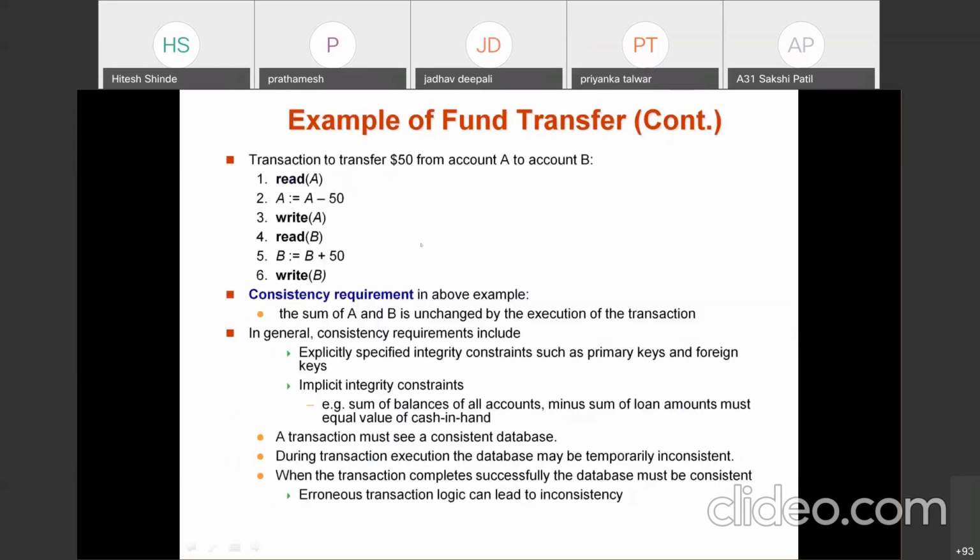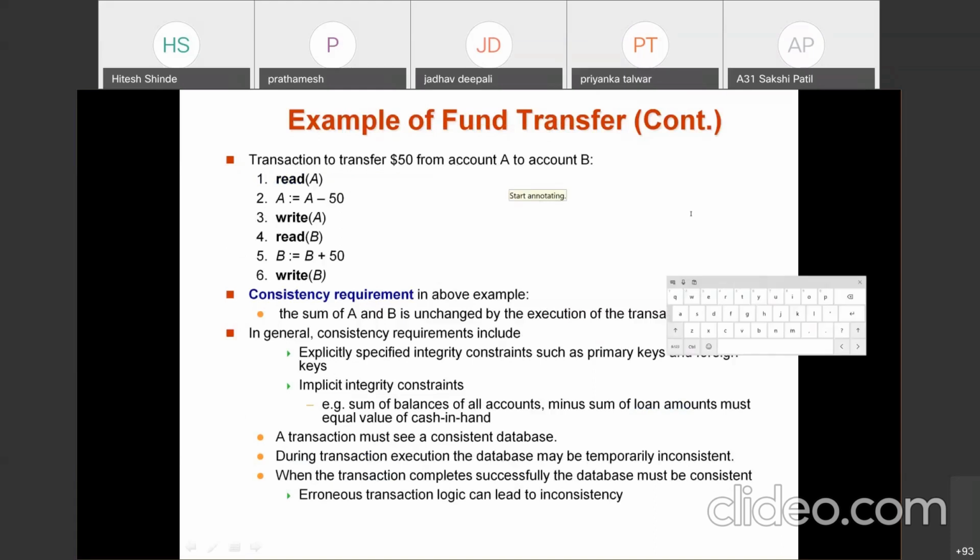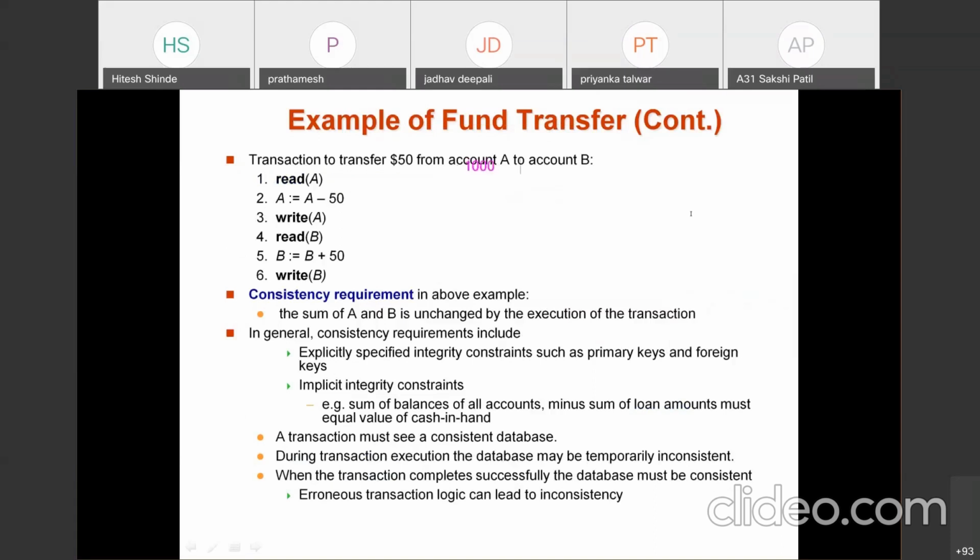Already I have told you about consistency. Whatever the state of the transaction before the execution must be the same, or consistent, after the end of the transaction. Whatever updates are made by the transaction should be consistent, means before execution if the values are 1000 and 2000, then before execution A plus B is equal to 3000.